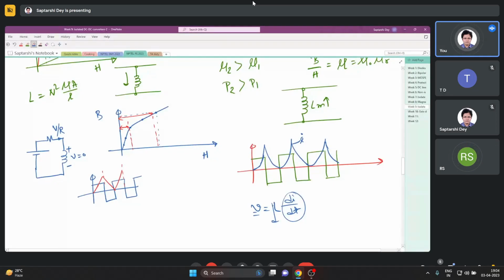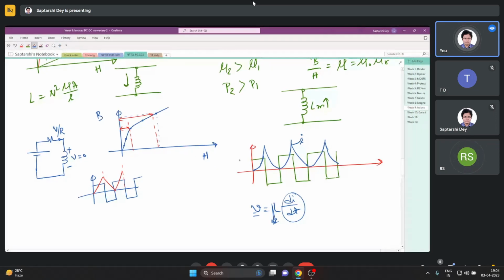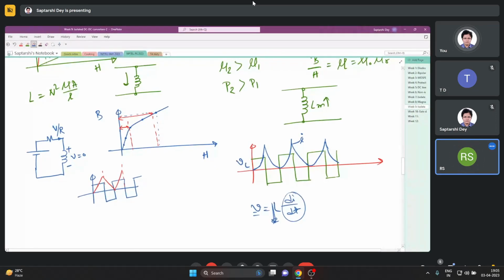The more it goes into saturation, the more is the decrease in L and the increase in slope. The current becomes peaky. So if I draw the voltage across the inductor, this is only the voltage of the inductor. I'm not very sure what you mean by saying induced voltage reduces.